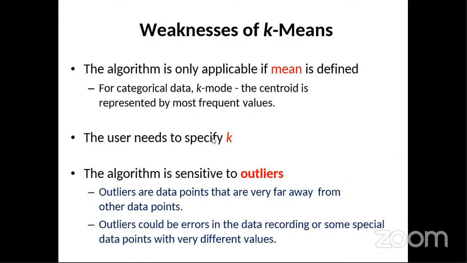In a given friends network as well, there could be a few nodes that might not be able to connect to any of the clusters because they do not carry any sort of similarity or dissimilarity, based upon the threshold which we have decided, to put a particular node into a given cluster. In that case, we call that particular node an outlier, and it could be an error as well. As soon as you try to record some data, if it is wrongly recorded, then it becomes an outlier, and there are some special data points with different values as well.